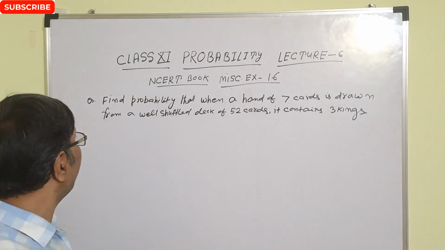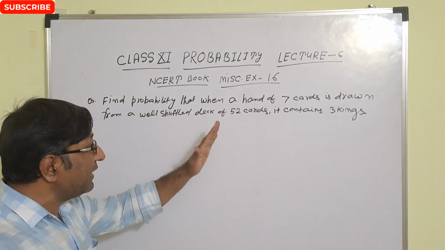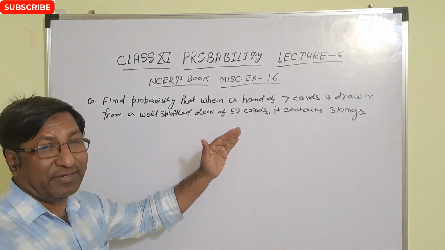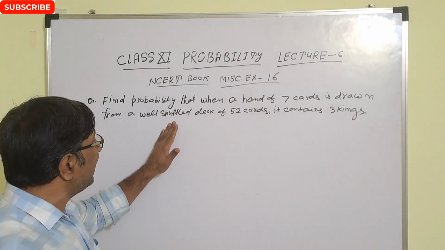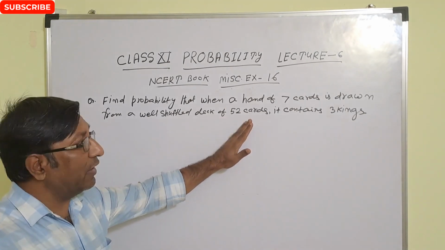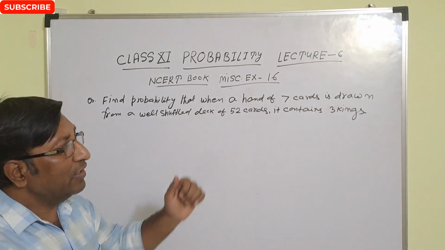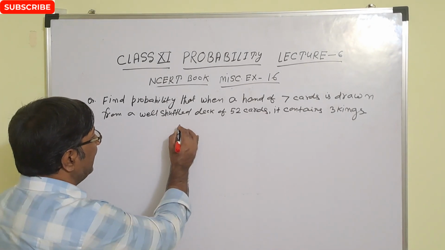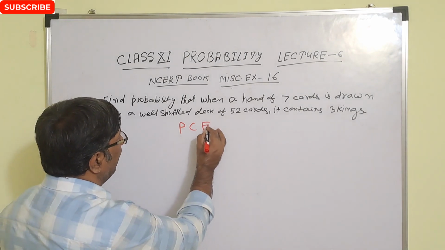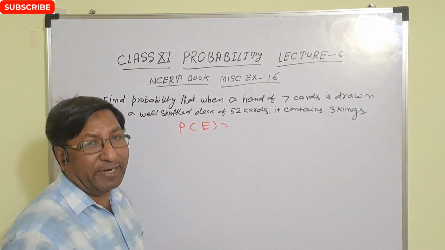Let us see the question. Find the probability that when a hand of 7 cards is drawn from a well shuffled deck of 52 cards, it contains 3 kings. Probability of any event is favorable outcome by total.